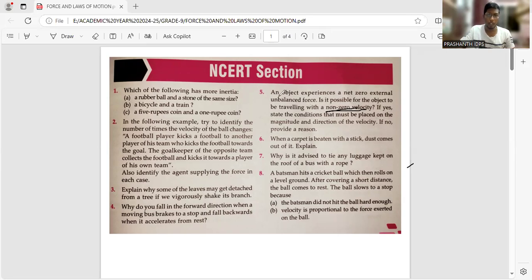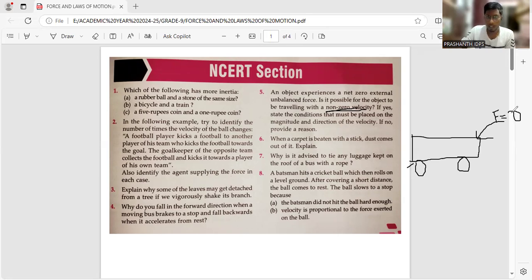See here, the question, try to understand: the object experiences a net zero external unbalanced force. Okay, imagine this is a bus and the bus experiences a zero external unbalanced force. Net force is equal to zero, like this, zero net force applied on the bus.